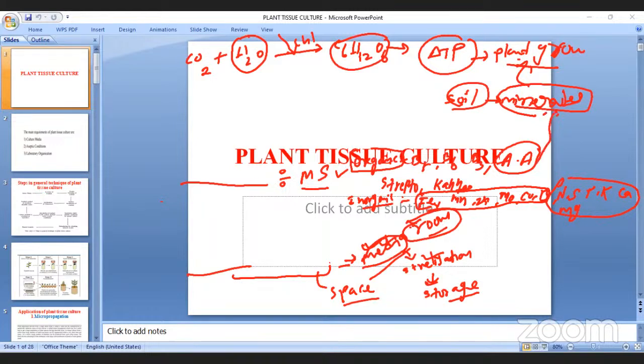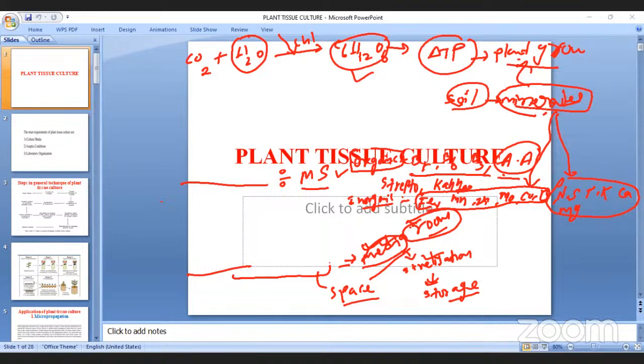This mineral may be micro or macro. So they have to be artificially provided in the in vitro process. Some important vitamins and amino acids are required, and they also have to be artificially provided. And so how do we provide sugar?